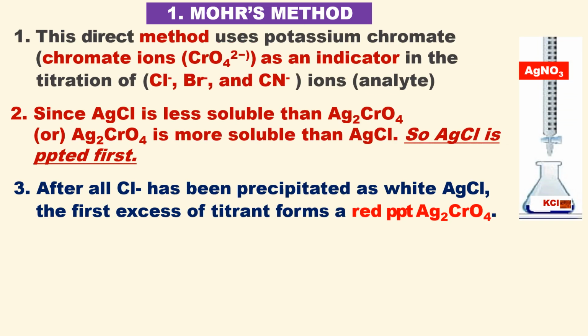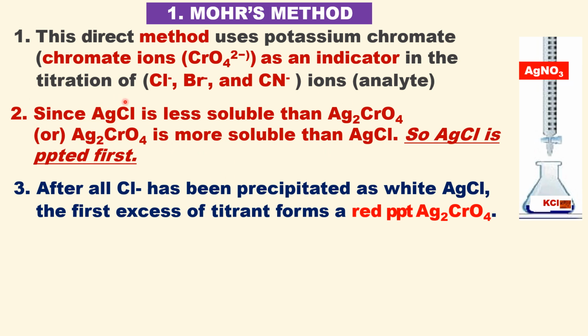This is a direct method. It uses potassium chromate as an indicator in the titration of halide ions as analyte. On titration, silver nitrate is taken in the burette, potassium chloride is taken in the conical flask, and 3 drops of potassium chromate as indicator. Now there are two possibilities: silver chromate can be precipitated or silver chloride may be precipitated.